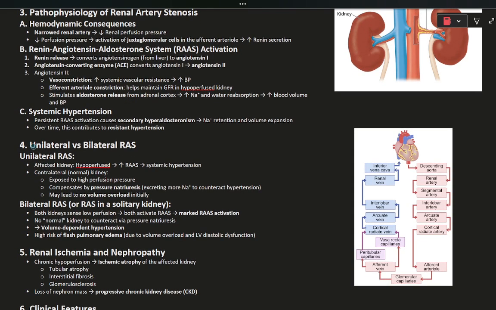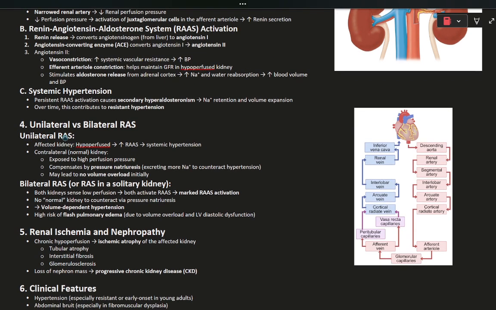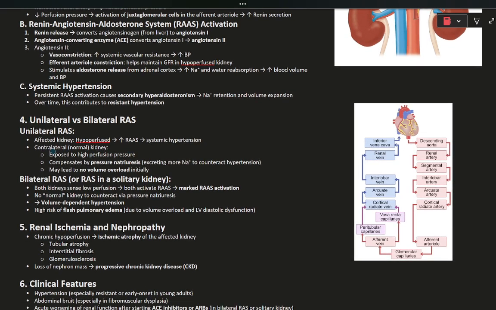Next, let's talk about unilateral versus bilateral renal artery stenosis. So in unilateral renal artery stenosis, we have the affected kidney that is hypoperfused. This is going to lead to an increase in your renin-angiotensin-aldosterone system activation, thus leading to systemic hypertension, as we explained earlier. On the other hand, we will have a contralateral kidney that is normal rather than hypoperfused.